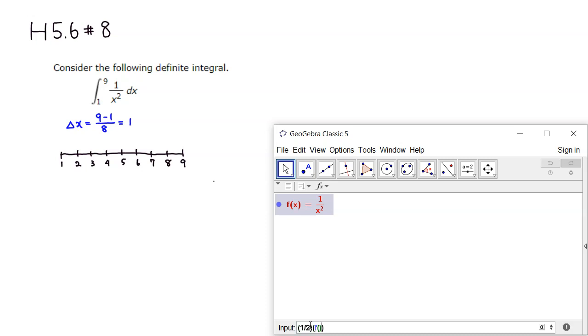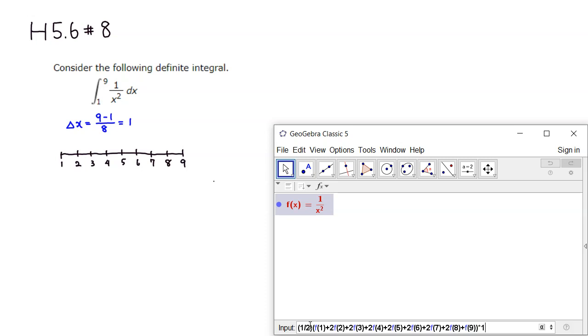Then you have f of 1 plus 2 times f of 2 plus 2 times f of 3 plus 2 times f of 4 plus 2 times f of 5 plus 2 times f of 6 plus 2 times f of 7 plus 2 times f of 8 plus f of 9. And then multiply by delta x, which is 1.